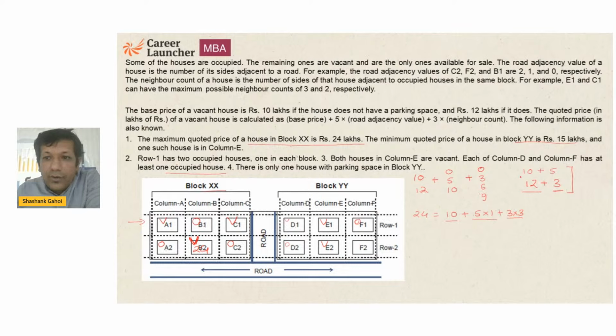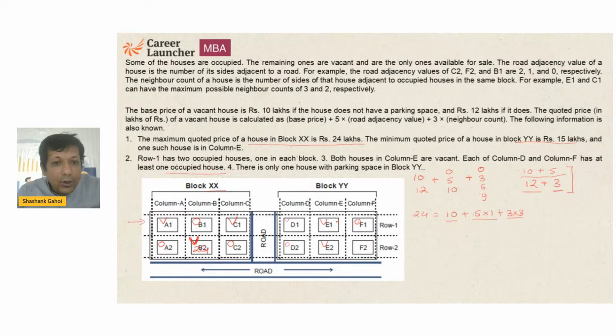So if I am going with 10 plus 5, meaning road adjacency is 1, and I am talking about E2, the price is 10, road adjacency is 1, and this house is occupied, then 3 must be added, right? So the price of this house cannot be 15. Fine. So this is what we are clear about. The price of this house cannot be 15 lakhs, right?